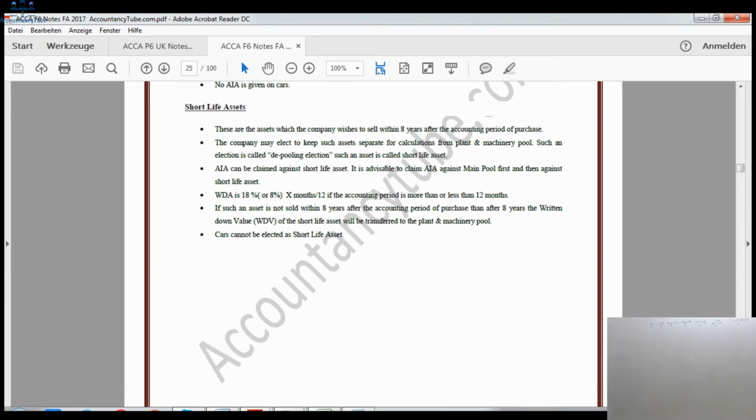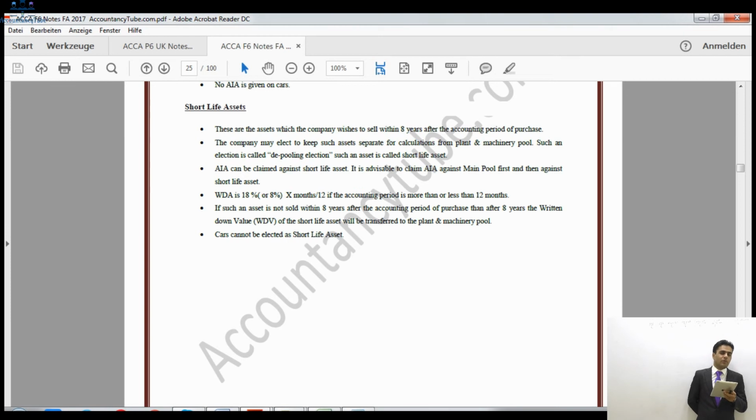And on the next page, it gives the information about cars. So if we purchase a car, what would happen? Now cars are different. Cars are of different types. We've already seen one in the first year allowance. A car which is emitting less than 75 grams will go into the first year allowance. It will be 100% capital allowance.